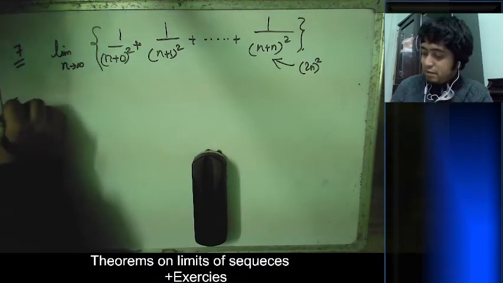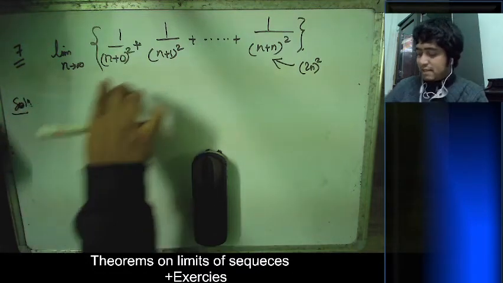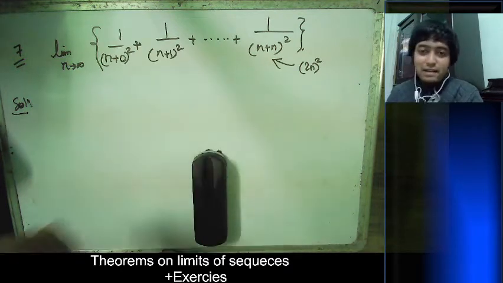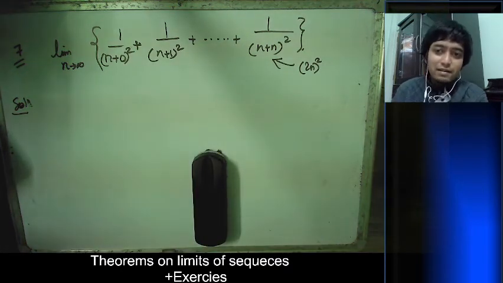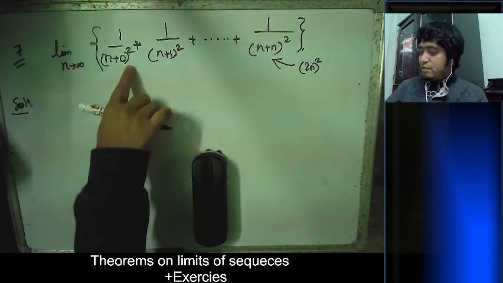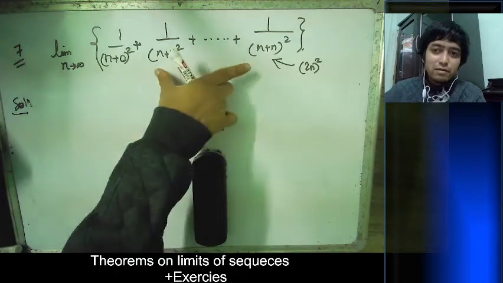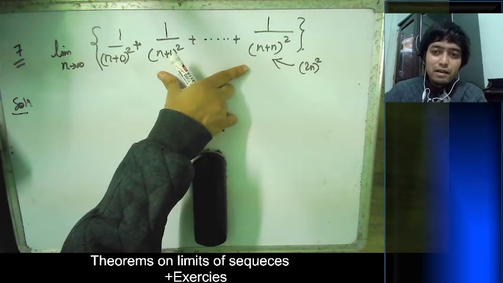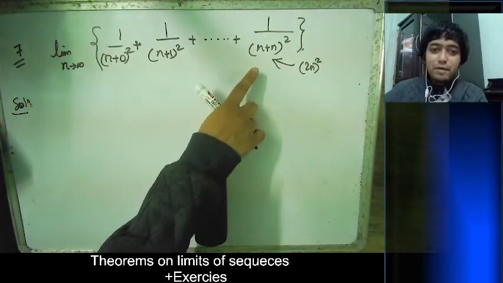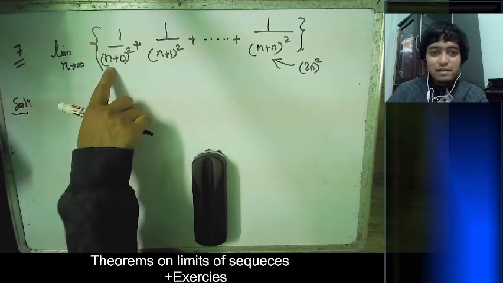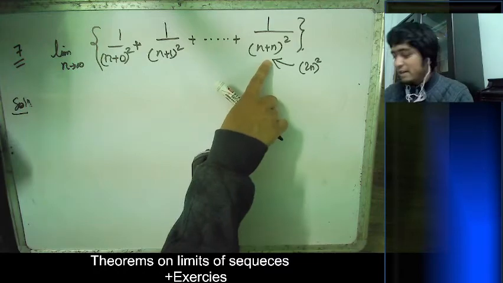So the solution for this, since we know that we are going to use squeeze theorem, we have an idea that we can use it over here, because you see that the denominators look the same. It's just a very minor difference.